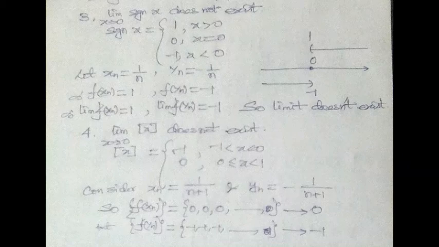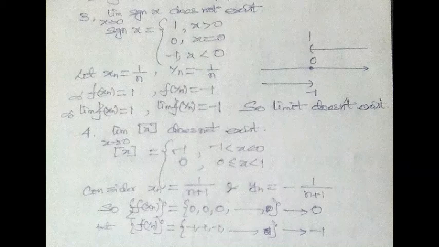So easily, same as previous, xn converges to 0 as n tends to infinity and yn converges to 0 as n tends to infinity. But f of xn, the sequence f of xn, consists of all zeros, because according to the definition of [x], the value will be 0 for positive x.